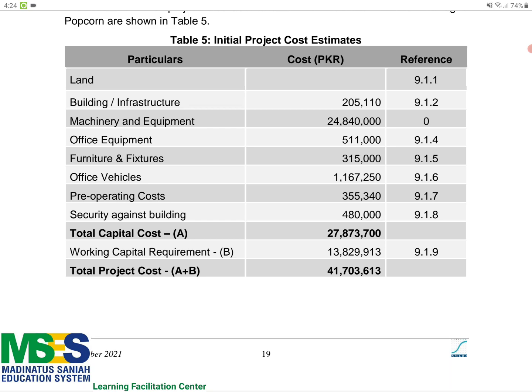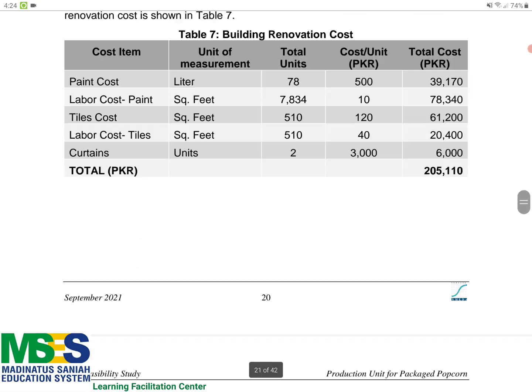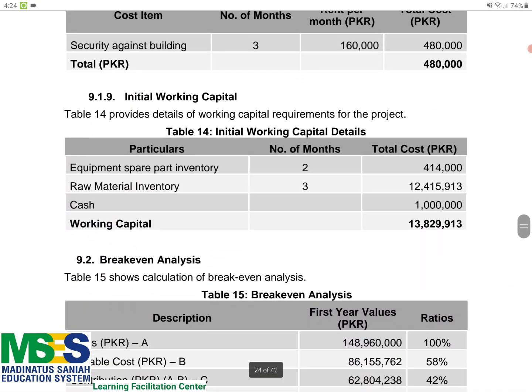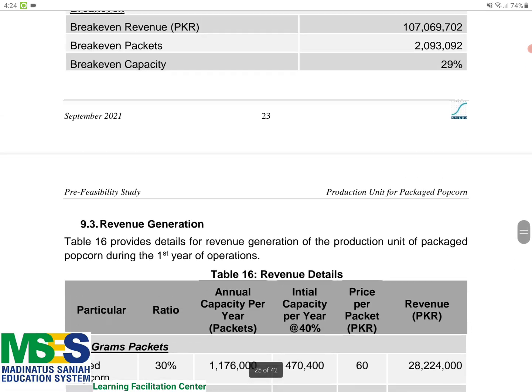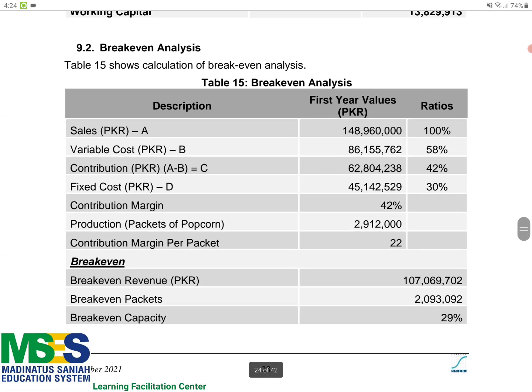We'll not go into separate details about the equipment. We'll just reach the point where we would like to know the break even point. How many would we sell when we break even? So it seems they have written break even packets.